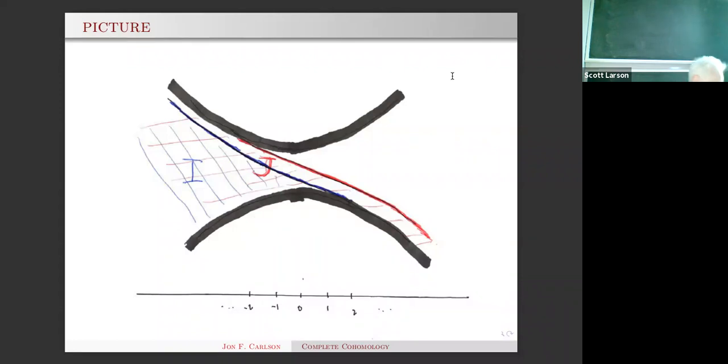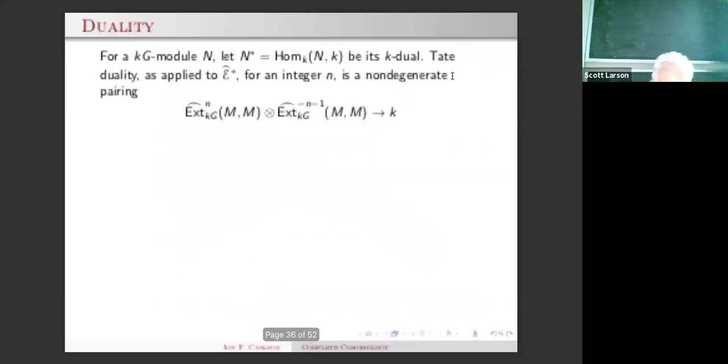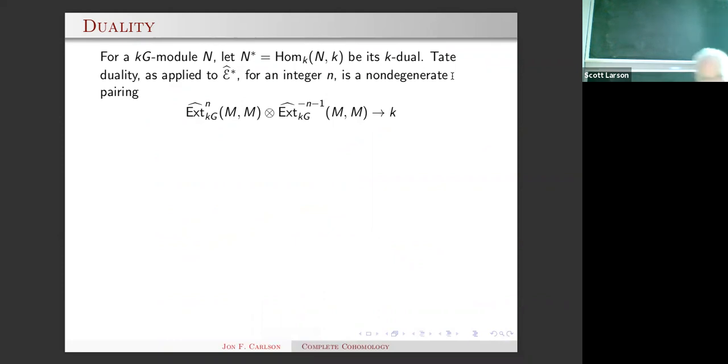Okay. Now let me see what we could get out of this. In order to get further with this, in order to get the statements about nilpotence that I want, we're going to need Tate duality. So this is classical Tate duality.